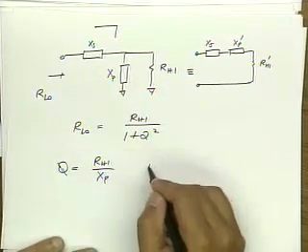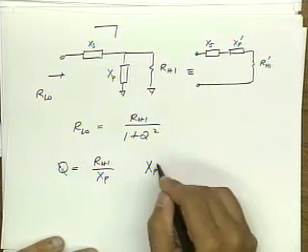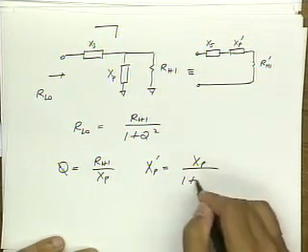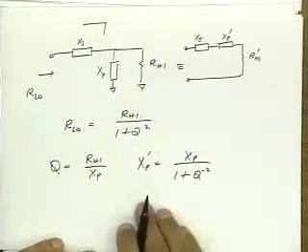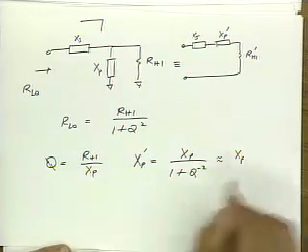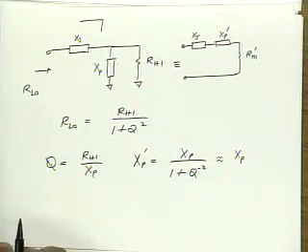And now XP prime is equal to XP times 1 plus Q to the minus 2, again using the same formula as before, which again is approximately XP for a high Q circuit.